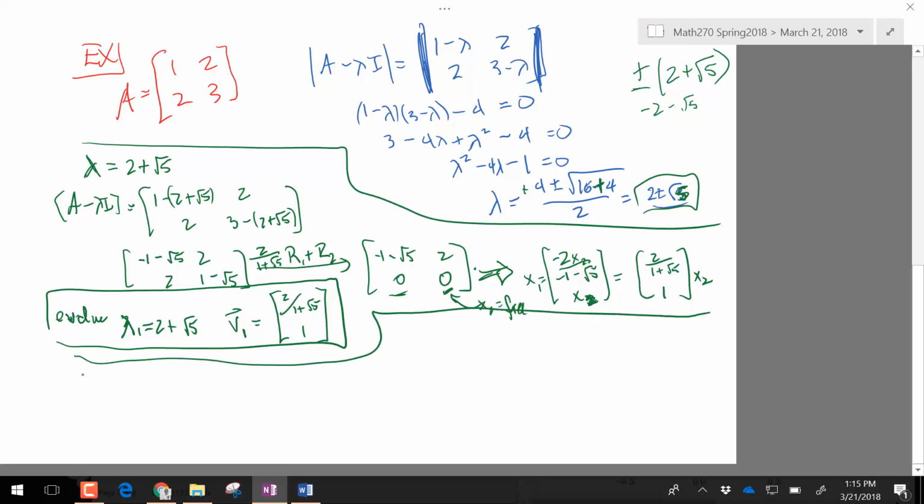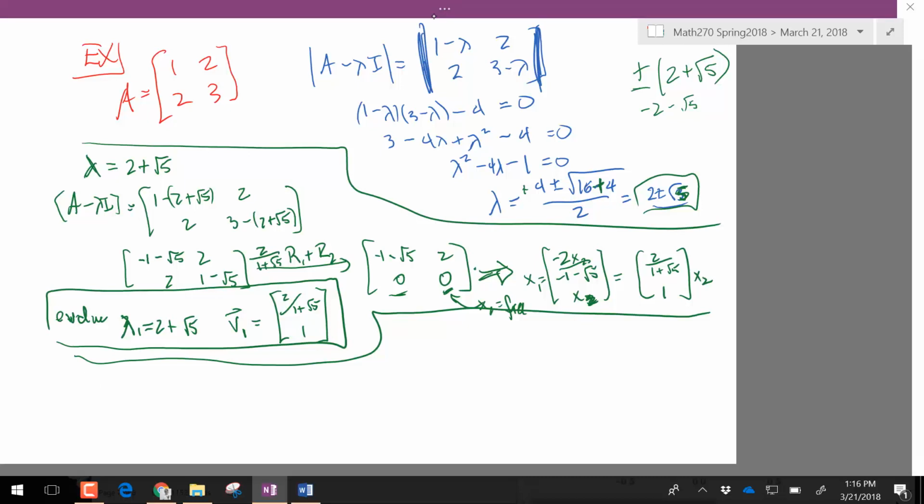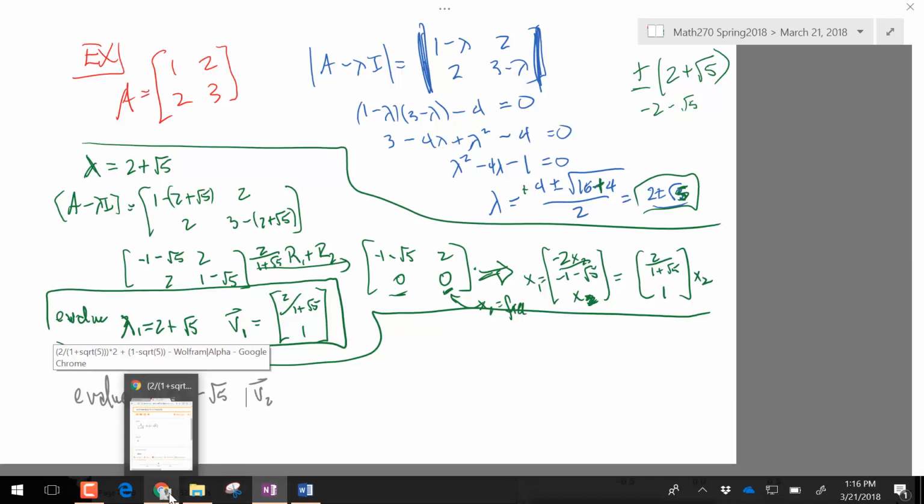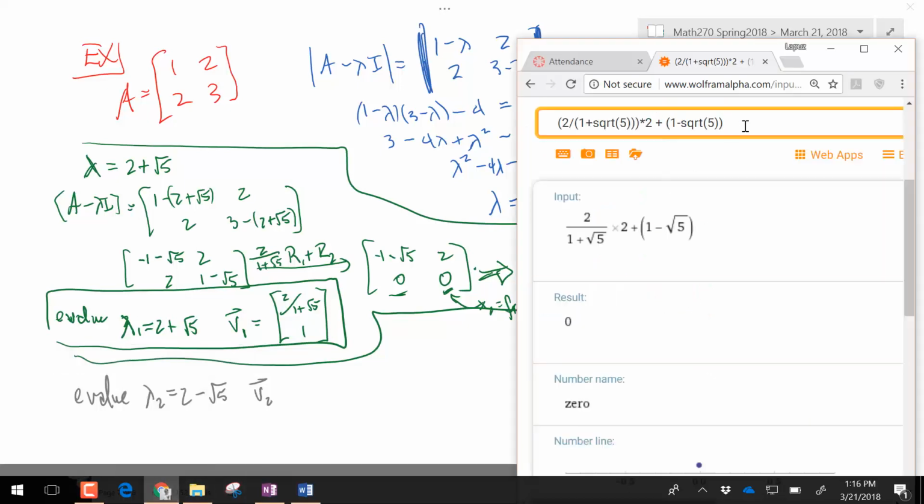Now we would do the same thing for our other eigenvalue. Since I'm out of space, can I just say your other eigenvalue is 2 minus square root of 5, and then your eigenvector, oh, I erased it.